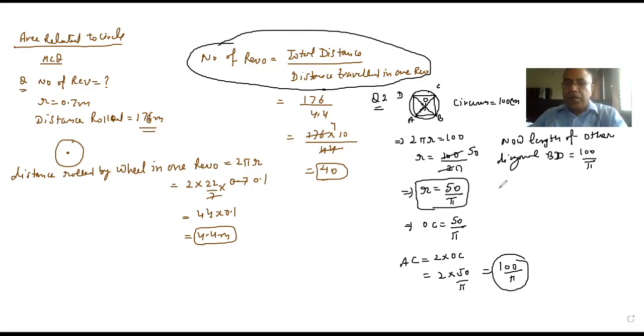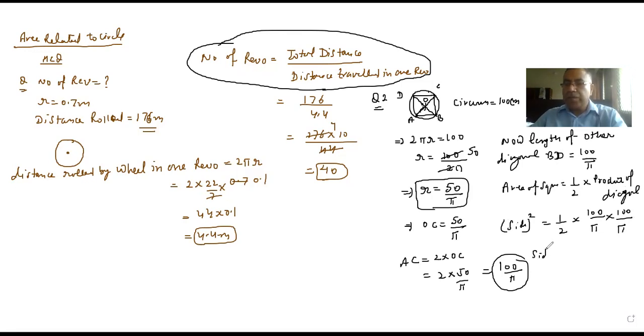So I want to find out the side of the square. So area of square is equal to 1 by 2 into the product of diagonals. So which is 1 by 2. Product of diagonals, 100 by pi into 100 by pi, is 200 by pi. Now this area of a square can also be written as side square.